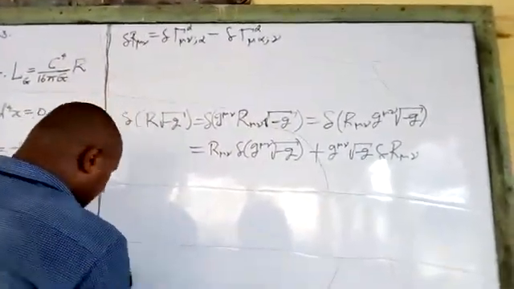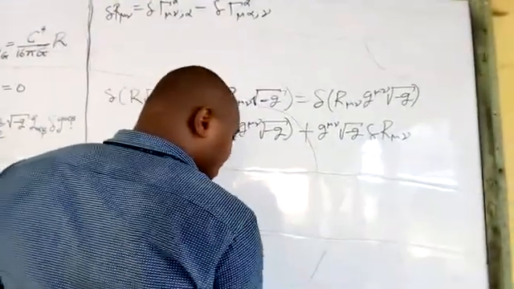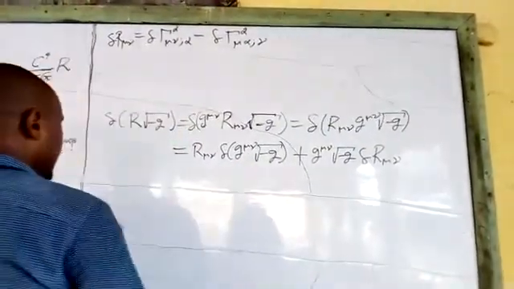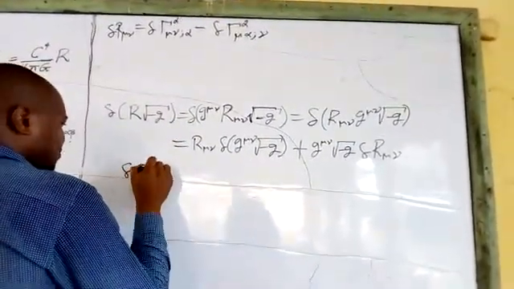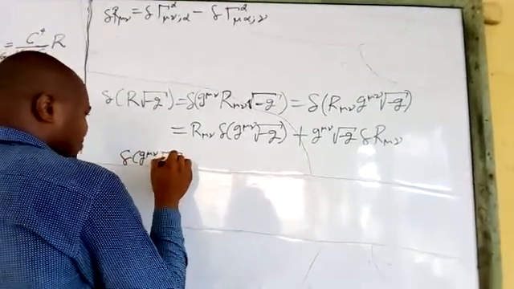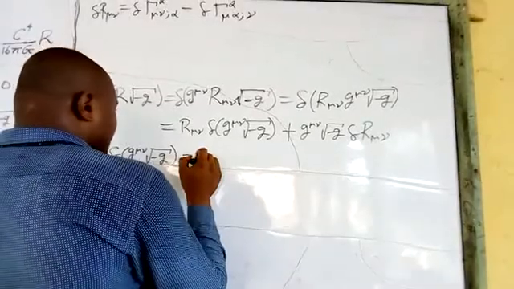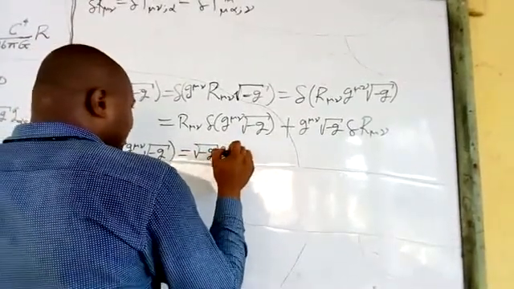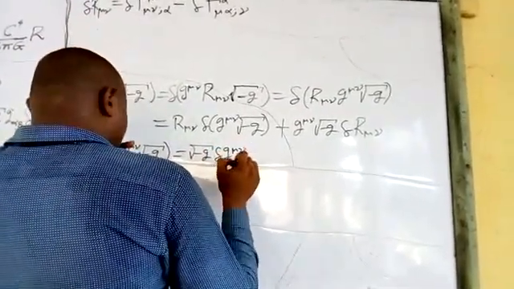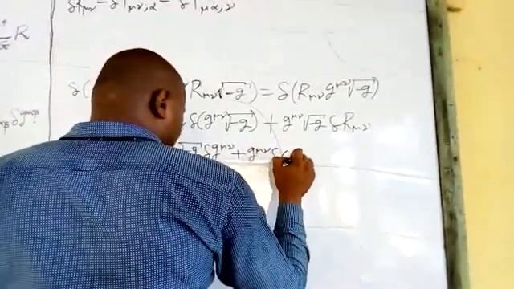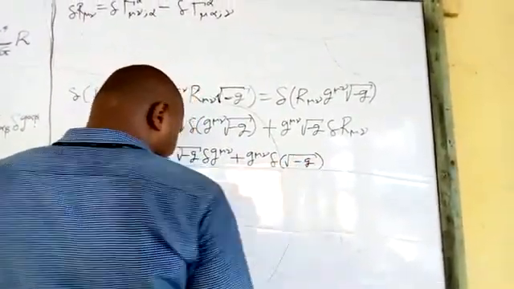Now the next thing is to calculate the variation of the object here in the bracket, which is this. So the variation of g mu nu square root of minus g. This is the same thing as square root of minus g variation of g mu nu, and then plus g mu nu variation of square root of here minus g.